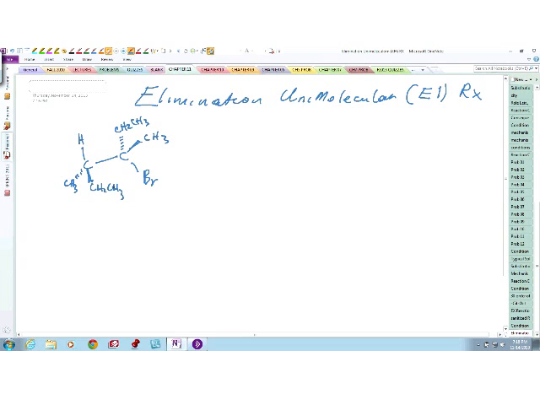Supposing we have this. In this E1 reaction, the base is coming in as a hydroxide. The bromine will leave, and then we form this.